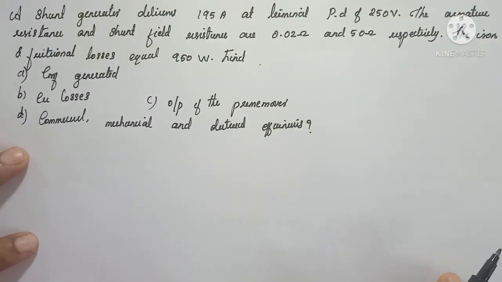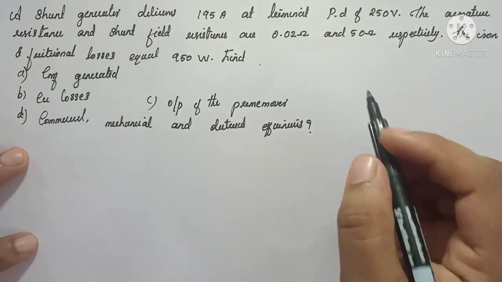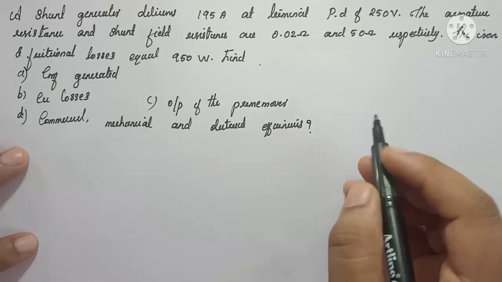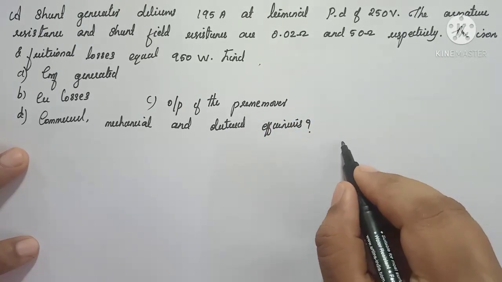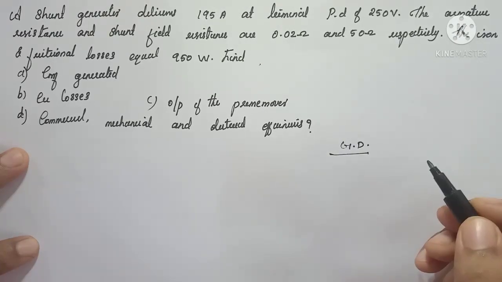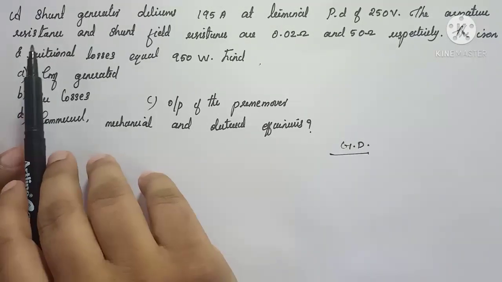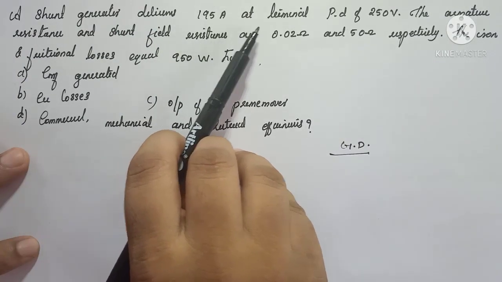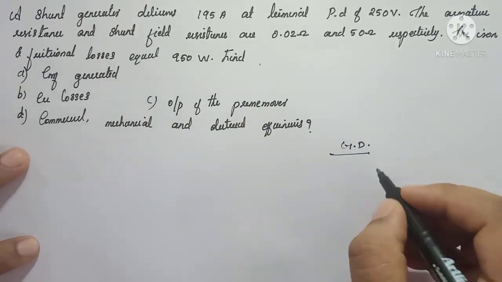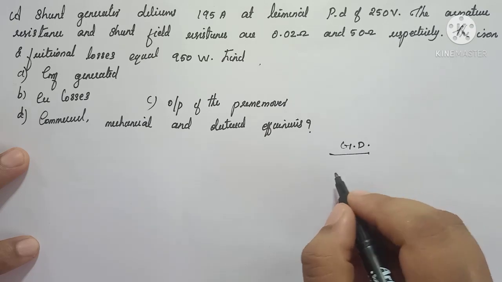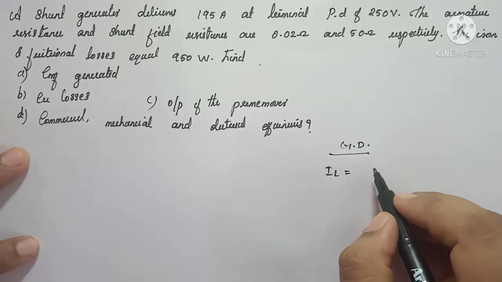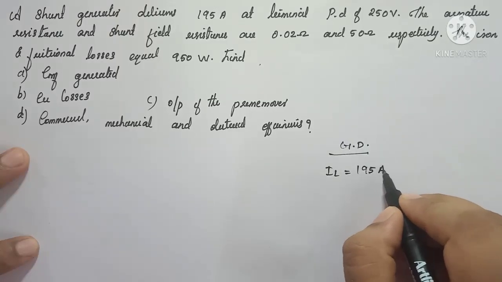First of all, we can write what are the major data which is given in this problem. Given data. What are the given data? Shunt generator delivers 195 ampere at terminal. So it is clear that 195 ampere is the load current, that is IL.